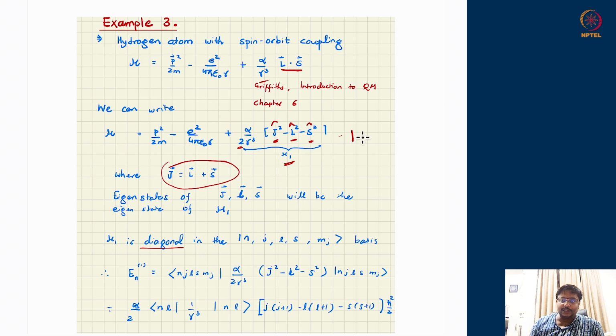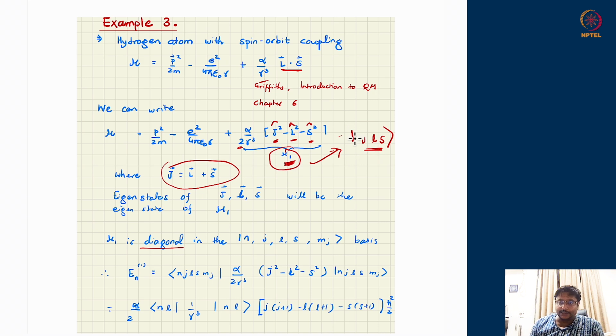So therefore, if I can choose the state in a basis where I have J, L and S, then I know this will be the eigenstate of the Hamiltonian. Eigenstate of the Hamiltonian meaning perturbation Hamiltonian. This will be eigenstate of the perturbation Hamiltonian as well.